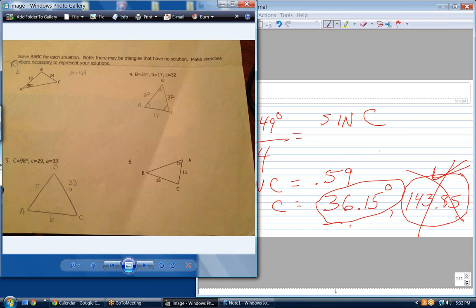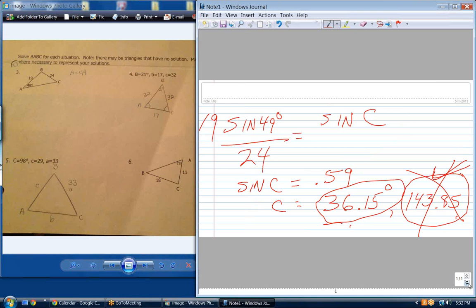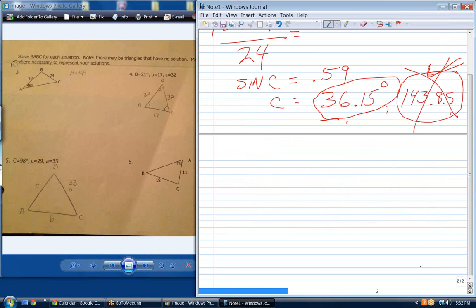Okay, so we still haven't solved the triangle. All we've solved for is angle C. What's next? We could add 36.15 and 49.